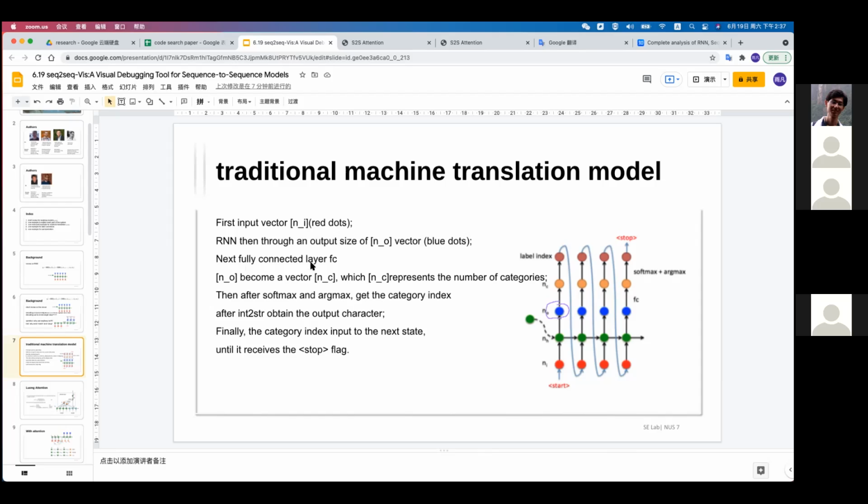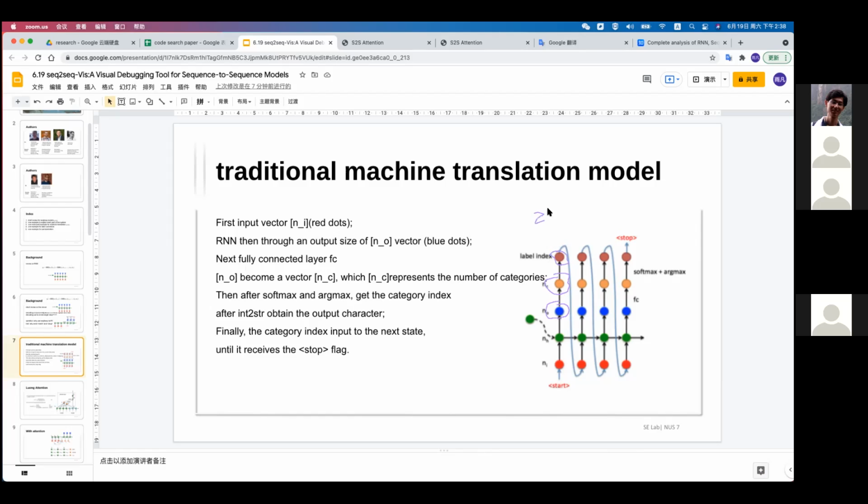And next, we go through a fully connected layer FC, and then get an output vector of size NC. This NC represents the number of categories. And then after a softmax and argmax, we finally get the category index. Here we get the label index.